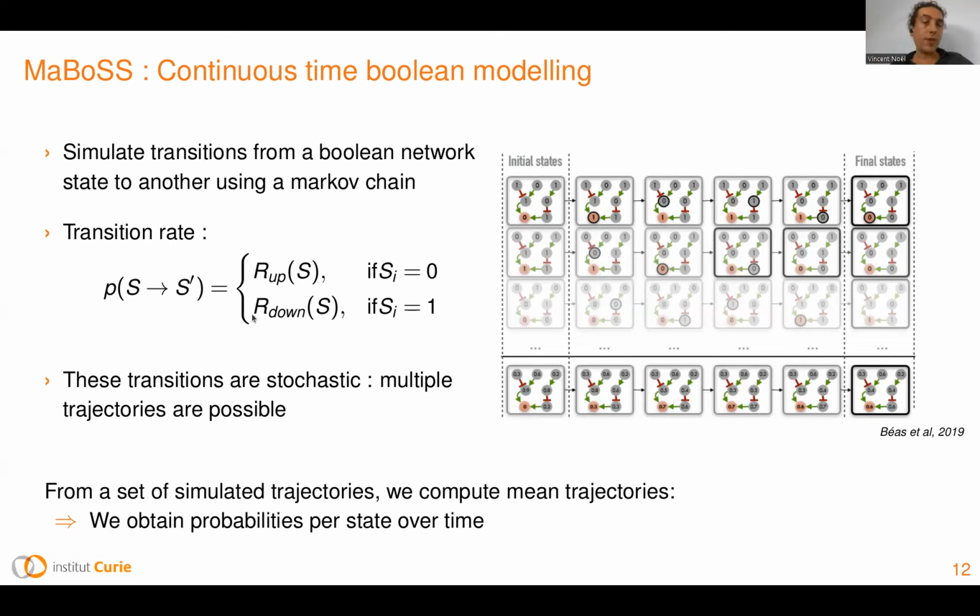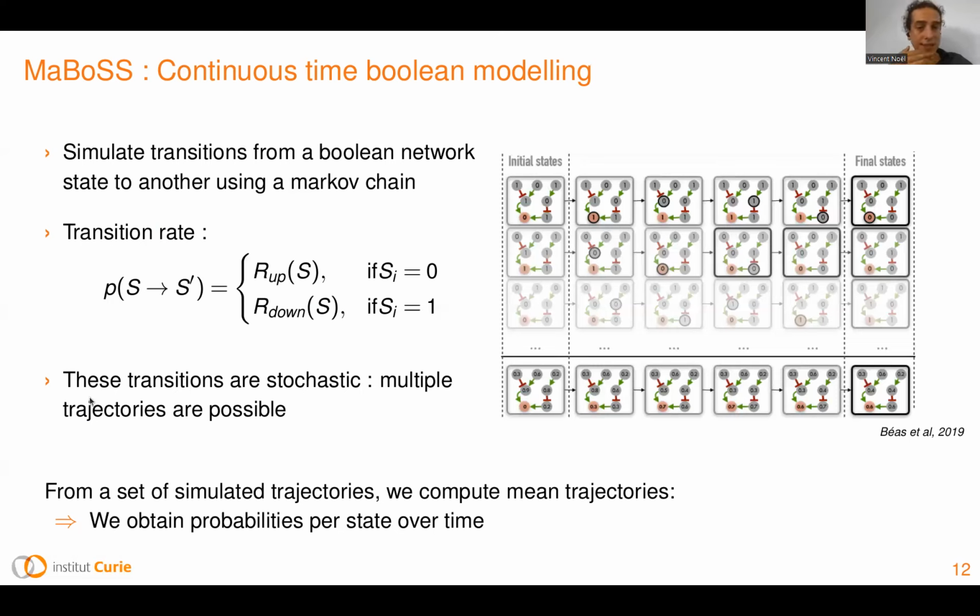The important part, which is added compared to a Boolean network, is that for each transition, for each activation or inactivation of nodes, we assign a transition rate. This transition rate decides how much time elapses between one state and the other.